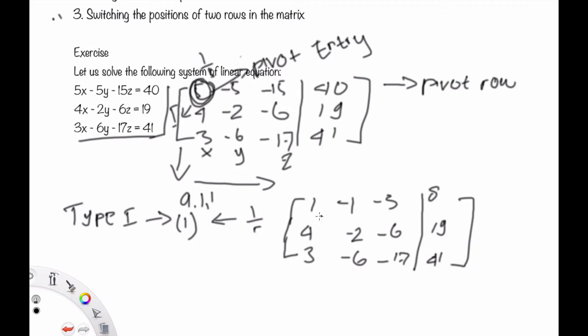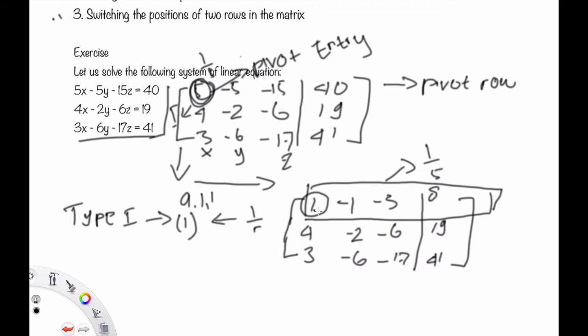You can see it is only the pivot row that changes, because we multiply only the pivot row by the reciprocal of the pivot entry. Okay, so we get this one.